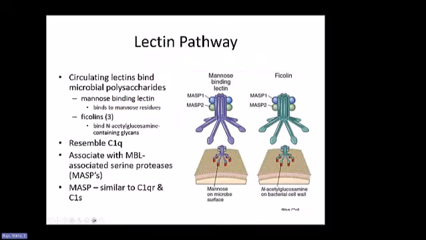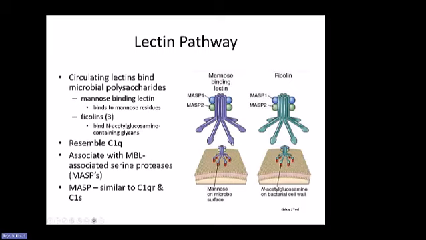So here's your MBL, very similar structure to C1, and then bound to two molecules of MASP1 and MASP2 that have the enzymatic activity. Similarly, ficolin has ficolin protein along with MASP1, MASP2, right? These proteins have the serine protease activity.